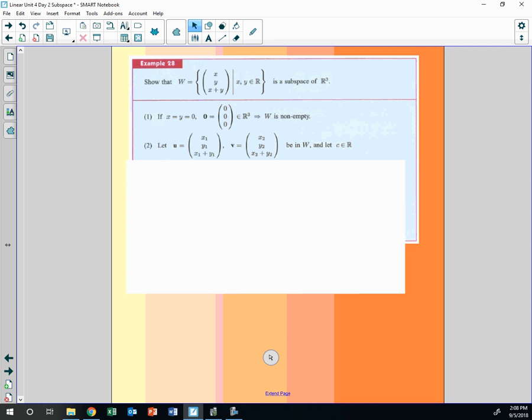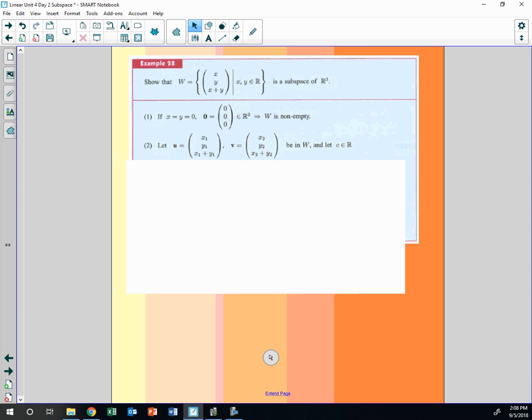Now, the next thing that we're going to do is take 2 vectors. We're going to call them U and V. Vector U is going to be x1, and vector V is going to be x2. Can you write this down? This example is going to help a lot. Then, instead of y, we have y1 and y2. Instead of x plus y, we have x1 plus y1 and x2 plus y2.